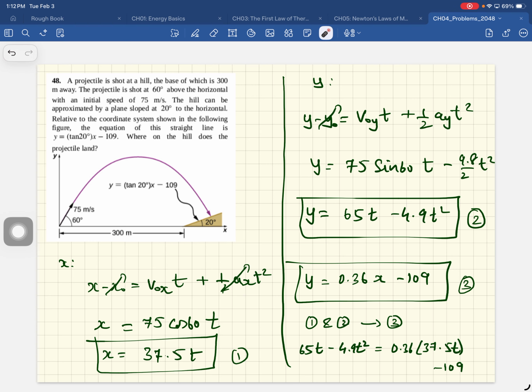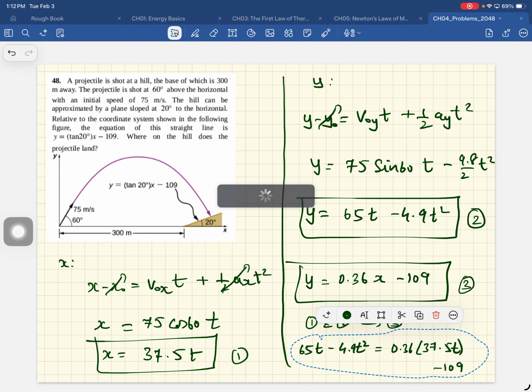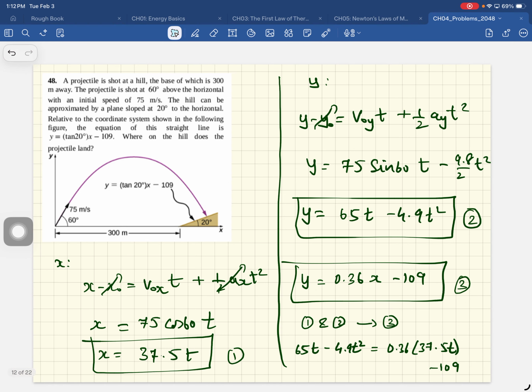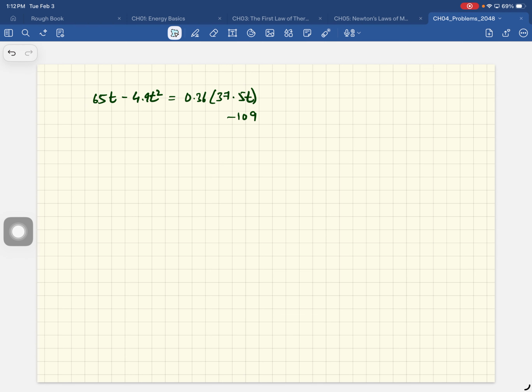All right, so the negative solution is the following. This is 0 seconds. This is 12.3 seconds.